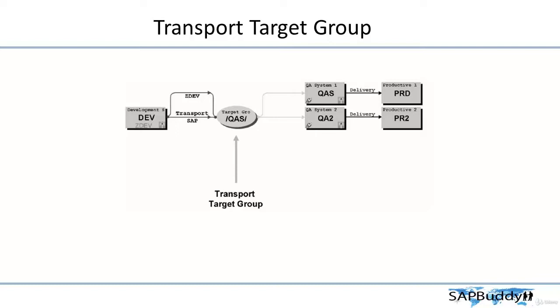However, let's say you want to use one program only in the PRD system and in the PR2 system you don't want to use the program. In that case it does not harm if you have the program in both the systems. However, in PRD only you will assign the program to the users using authorizations to be run in the productive system.